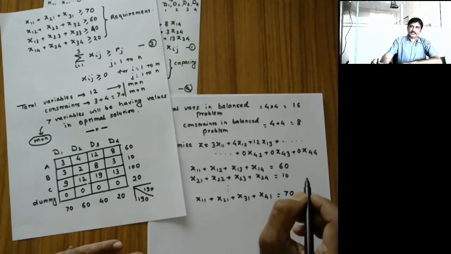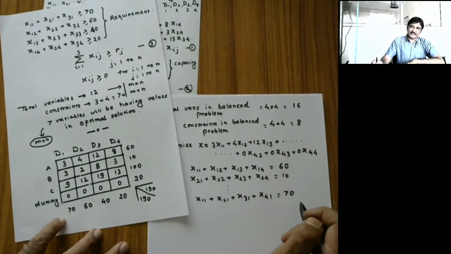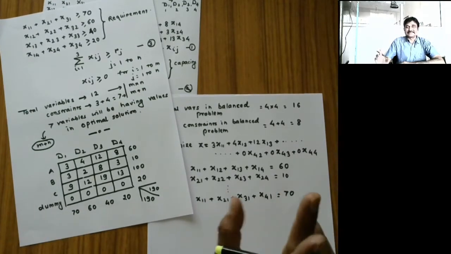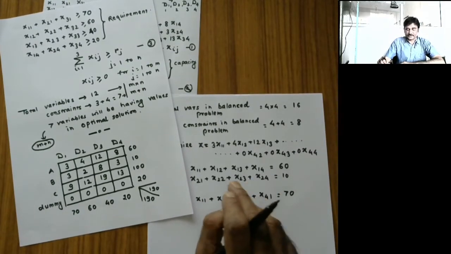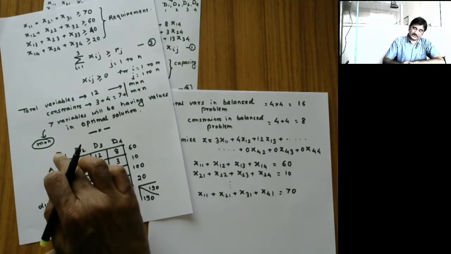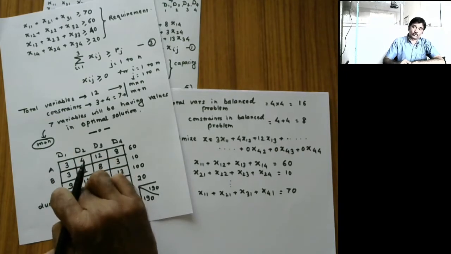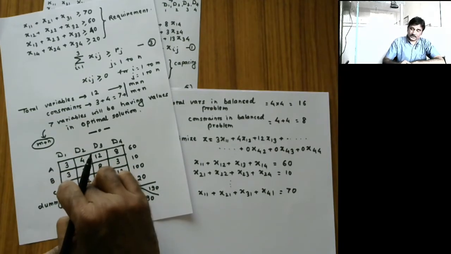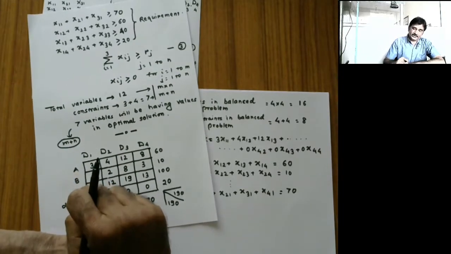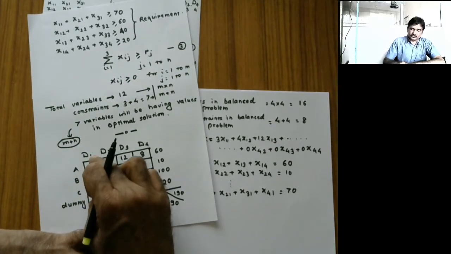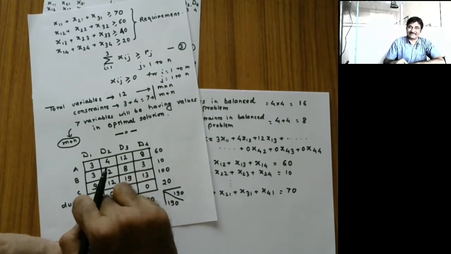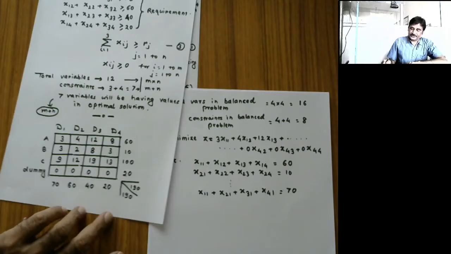Now, in place of a greater than or equal to constraint, you can have equality, because you have already balanced the problem. You can very well claim that D1's requirement is going to be 70 in total, and that is going to get satisfied from A, B, C, and dummy. So the sum of all the allocations you make in this column should be exactly 70.